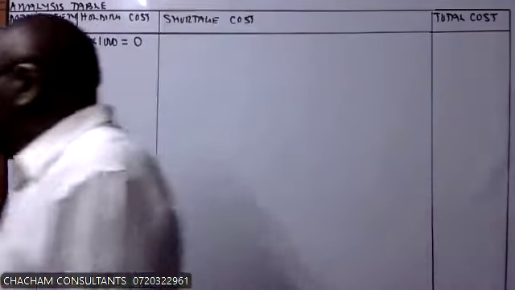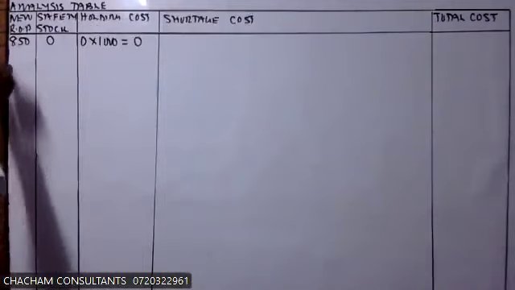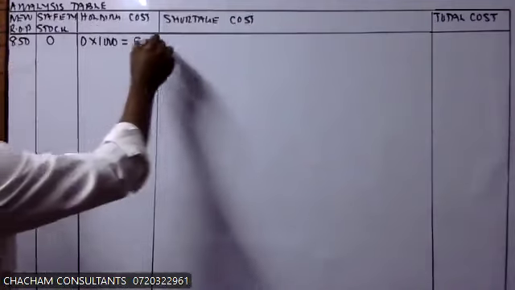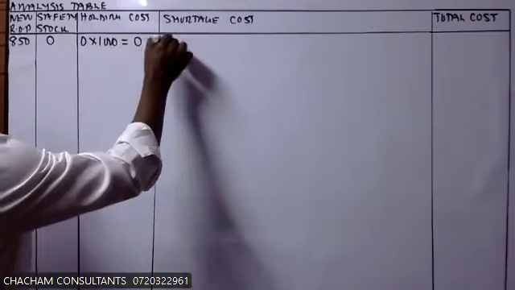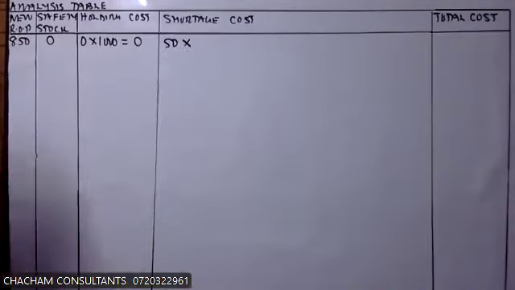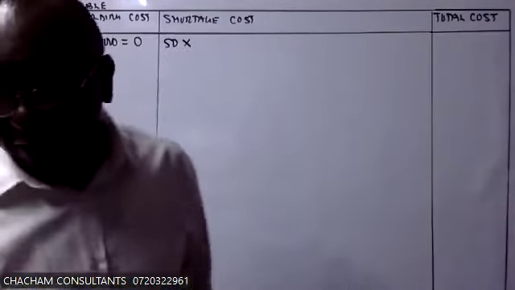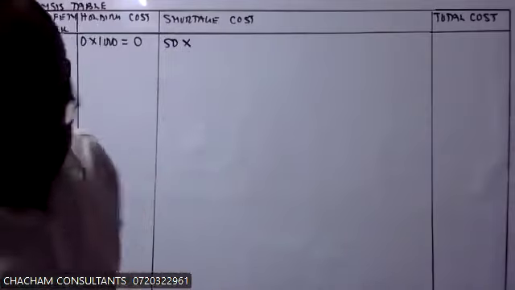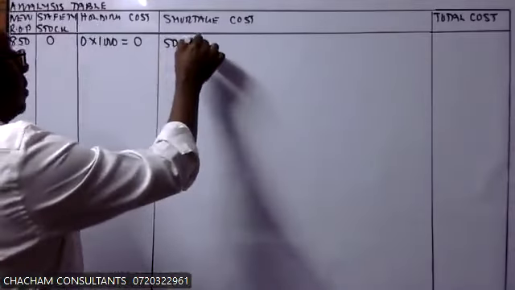Good. So that 50 is the shortage here. And the probability of demand being 900 is 0.05.